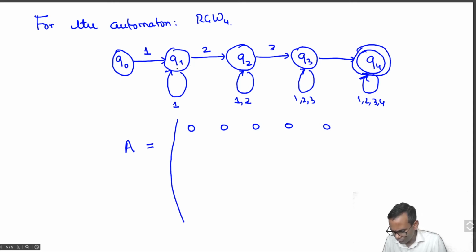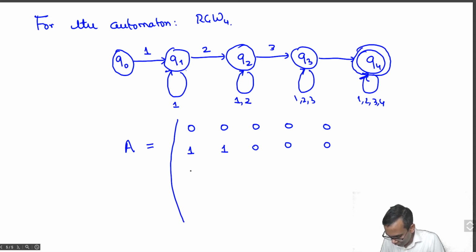Now let's come to the state Q1. There's one arrow labeled 1 going from Q0 to Q1, so we put a 1 here. And from Q1 to Q1 also there's one arrow, so we put a 1 here. For Q2, from Q0 there's no arrow going to Q2, but from Q1 there's precisely one arrow going to Q2.